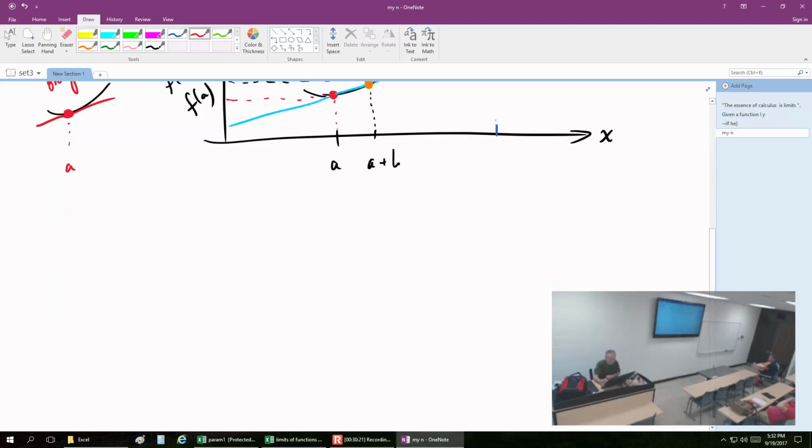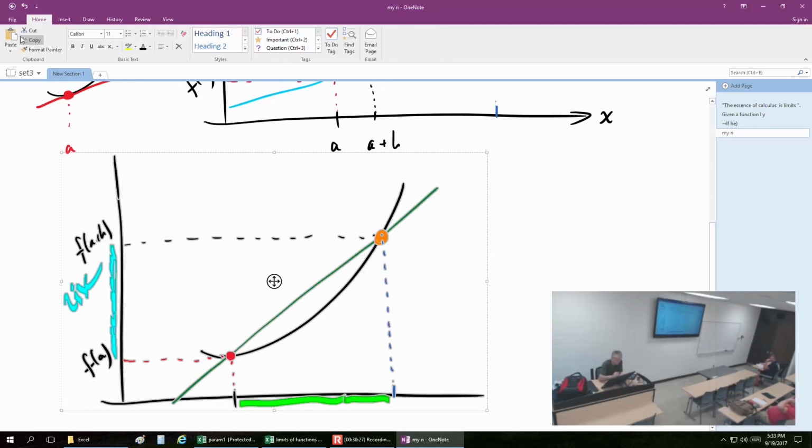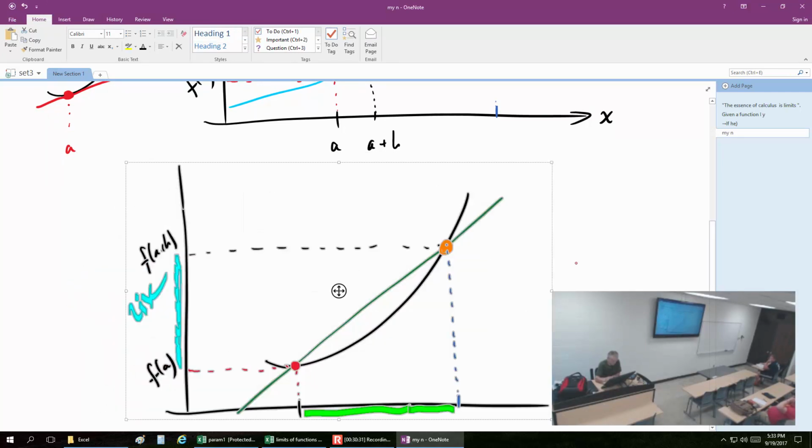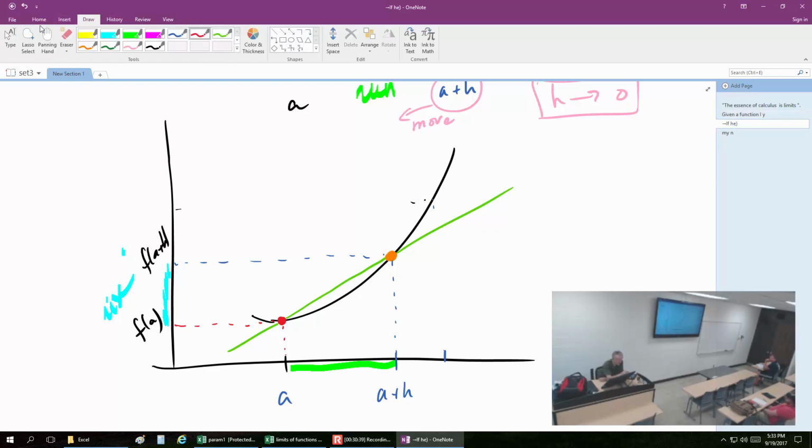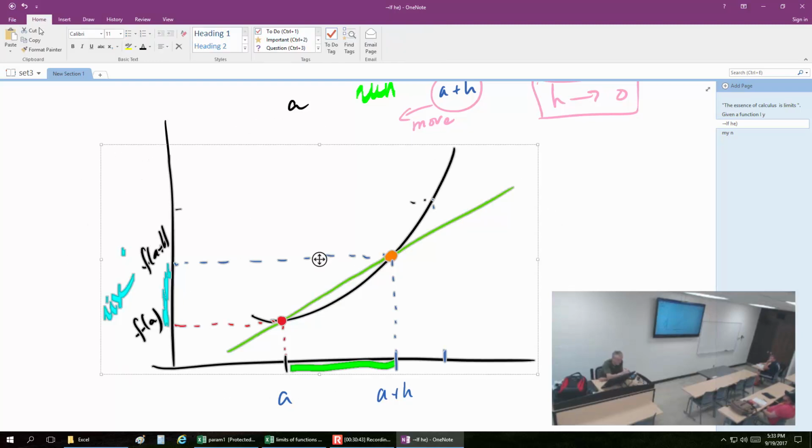So maybe just for this, let me merge them. Paste. Okay. All right. I think it would be interesting. So this is number 1. Now let me take number 2. This one is number 2. Copy.